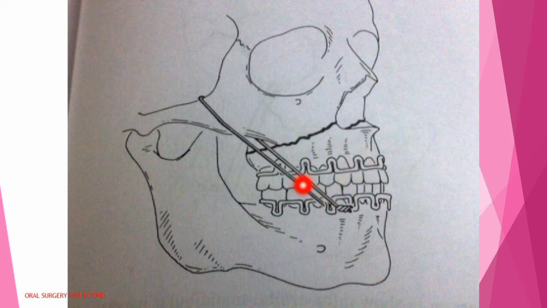Here, one end of the circumzygomatic wire is passed medial to the zygomatic arch, taken out from the zygomatic arch on the opposite side and taken out from the buccal aspect of the zygomatic bone, and here the wire is tightened.